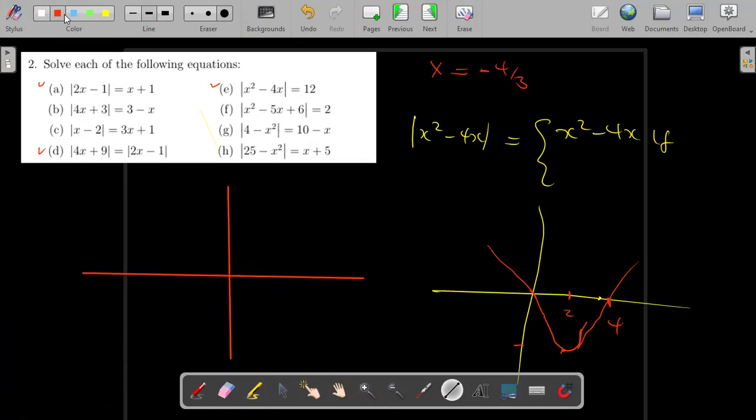So I have that going up to there, like that. Then you have the other part where it goes to the side like that.